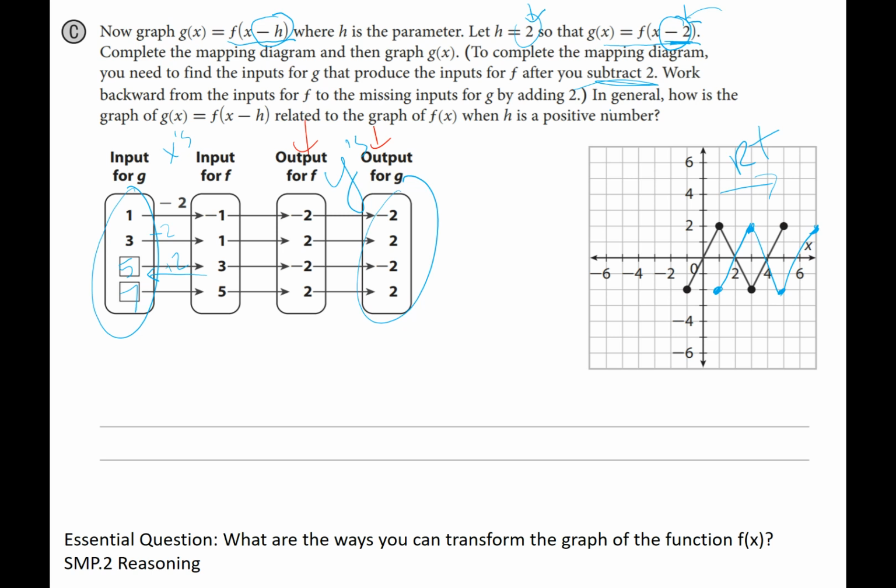All right, so let's answer our question. In general, how is the graph of g of x equals f of x minus h related to the graph of f of x when h is a positive number?